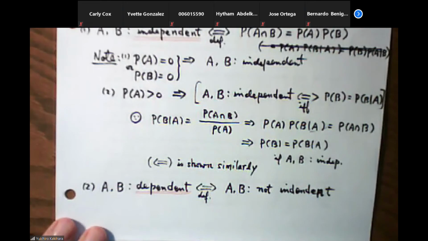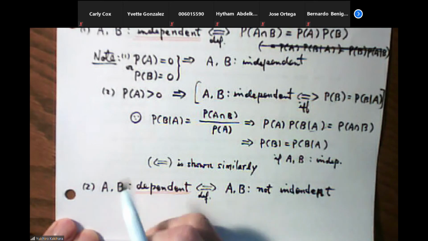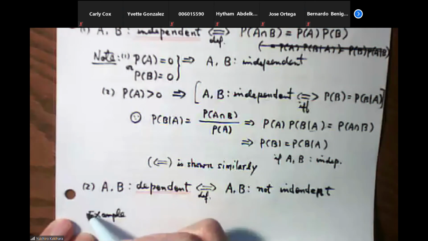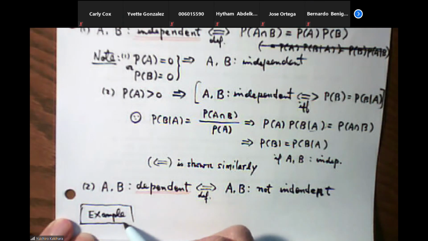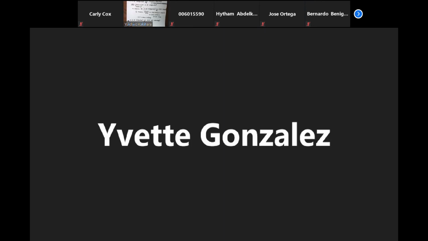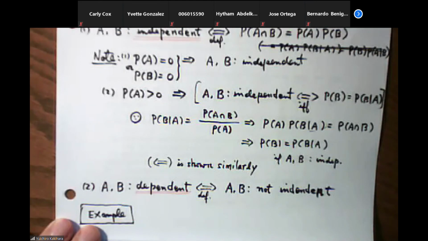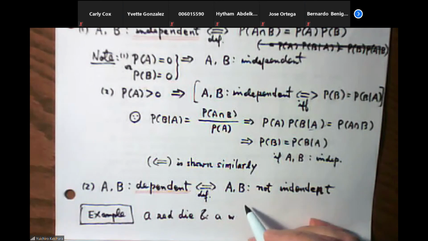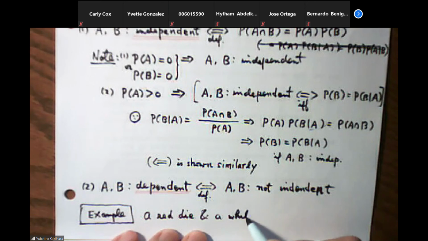So then, an example. This is from the textbook. A red die and then a white die are rolled.